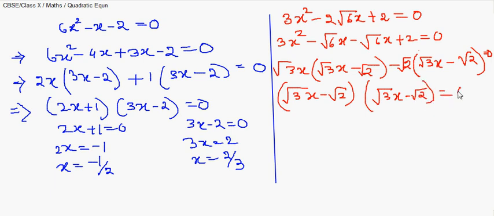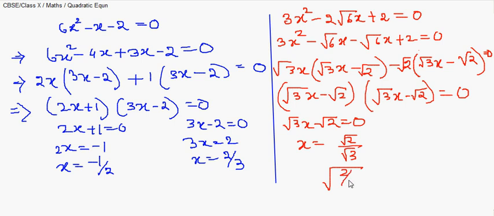Both, when equated to 0, mean I'll write root 3x minus root 2 equals 0 for both of them. So x will be root 2 by root 3, or it can be written as root 2 by root 3 for both cases. I mean, there will be two roots, both root 2 by root 3.